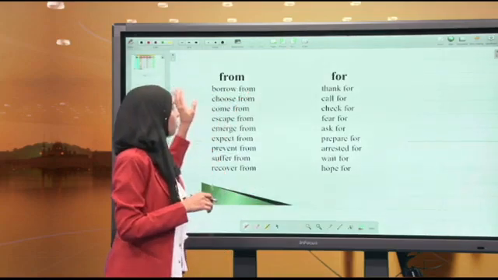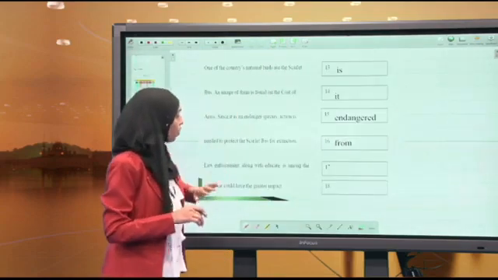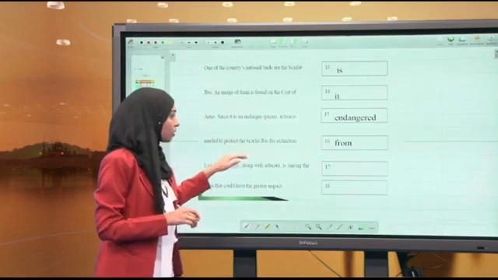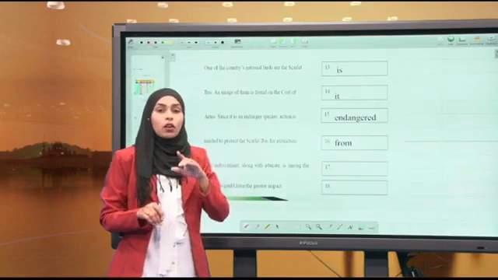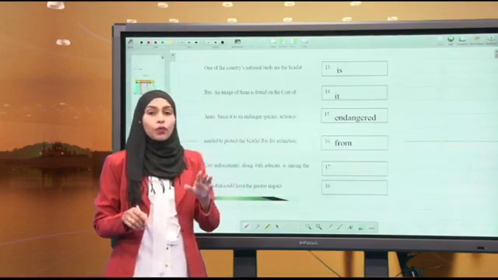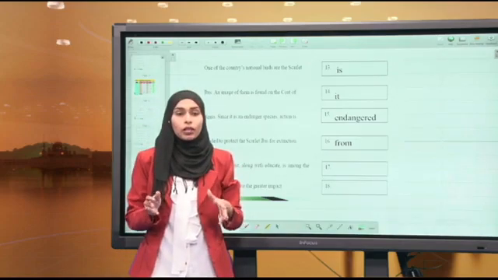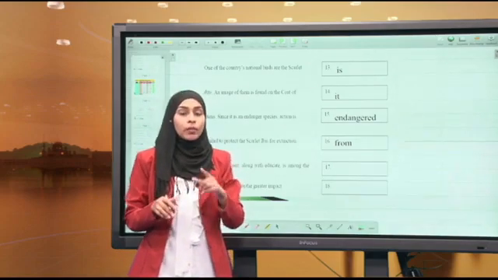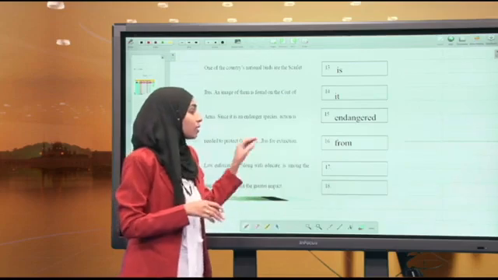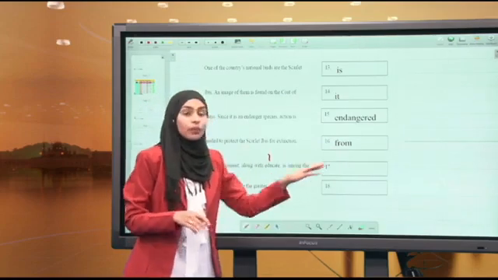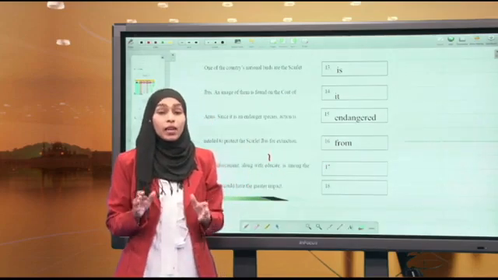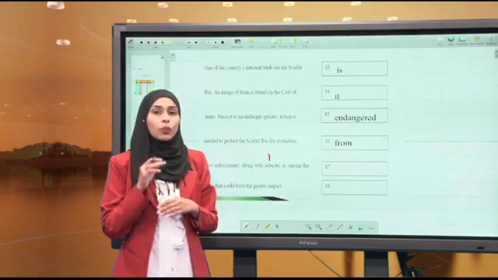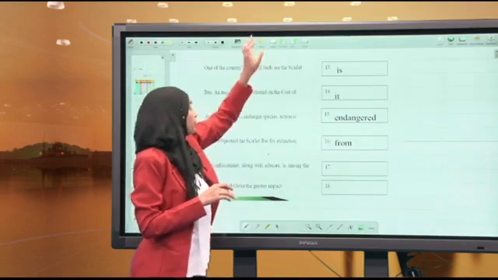Now let's look here. What I forgot to mention before we move on, in this case, it's a matter of choosing the correct preposition. So both "for" and "from" are prepositions, but you need to know which preposition to use here, because as simple as "for" and "from", it changes the meaning of the sentence. So you have to choose your prepositions wisely.